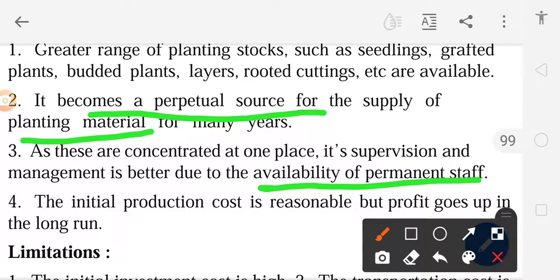Availability of permanent staff is also important, as we can employ staff on a permanent basis, and it gives profit in the long run.